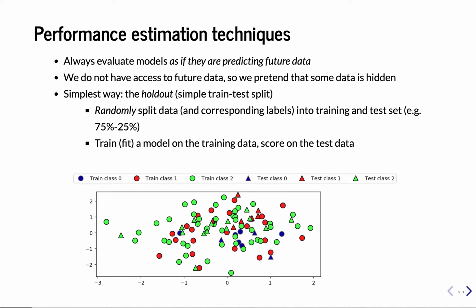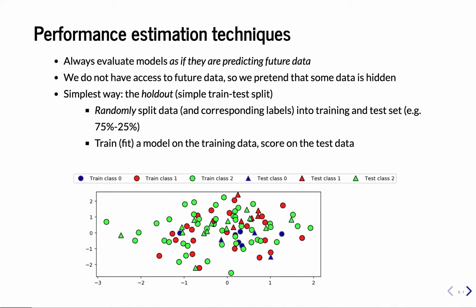Now, the simplest way to do that is to just hide part of your data. This is called the holdout. We separate, for instance, 25% of our data, we train our model on the remaining 75%, and then we test it on the unseen hidden future 25%.